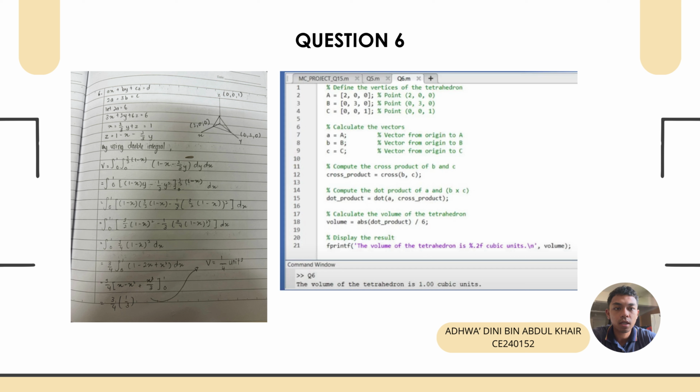This formula calculates the scalar triple product of the vectors and divides it by 6 to get the volume. First, we define the vectors from the origin to each vertex.